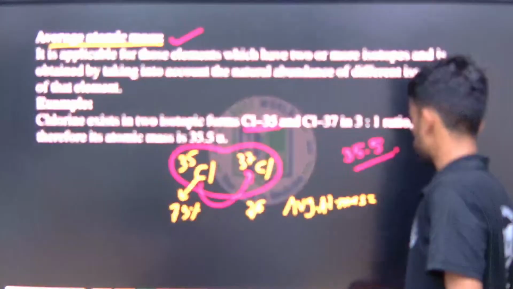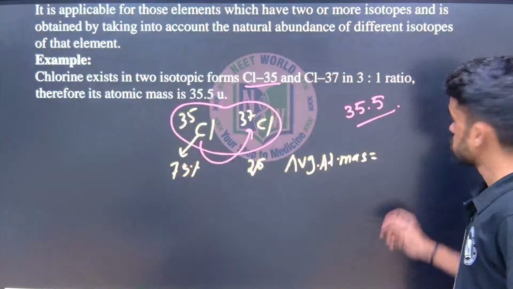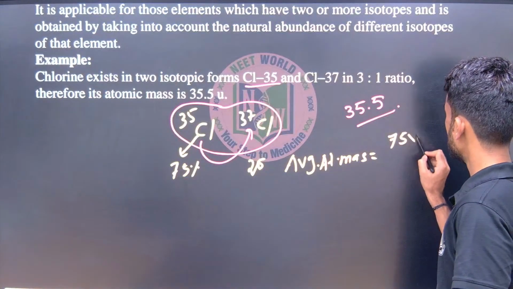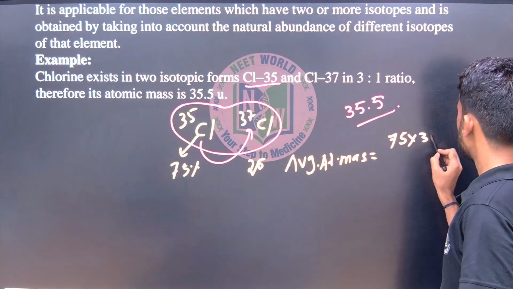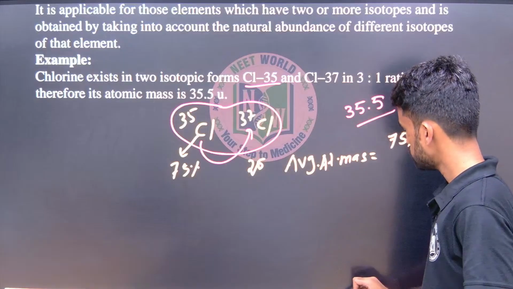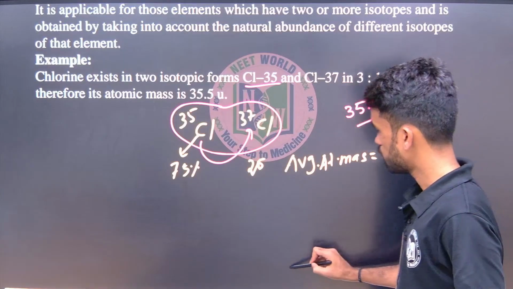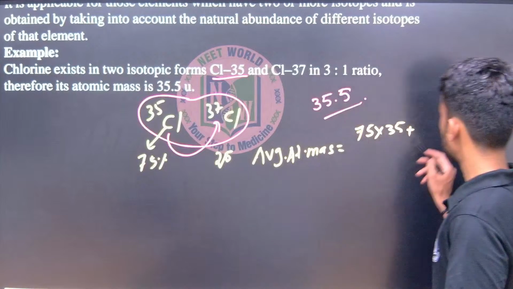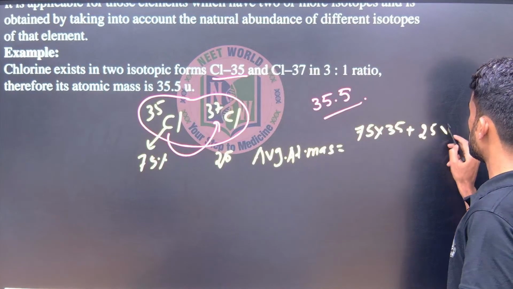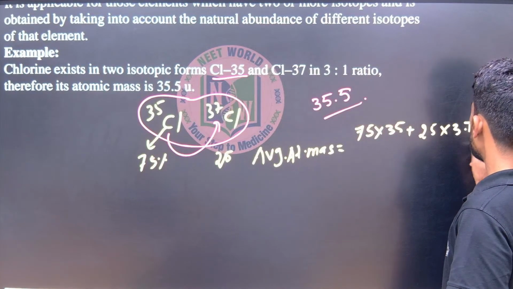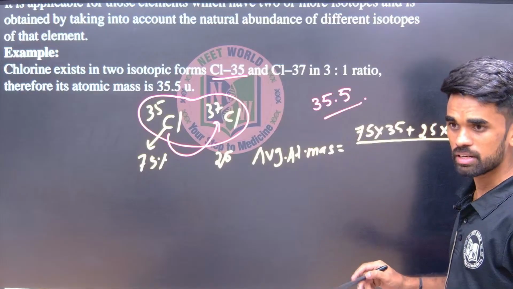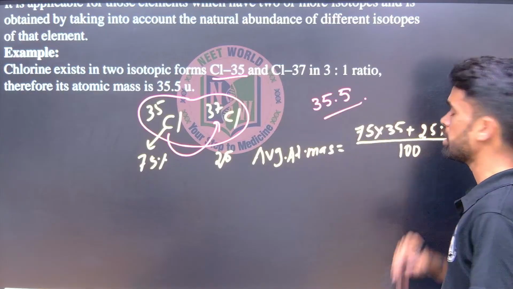So 75% into 35 plus 25 into 37, divided by 100 overall.